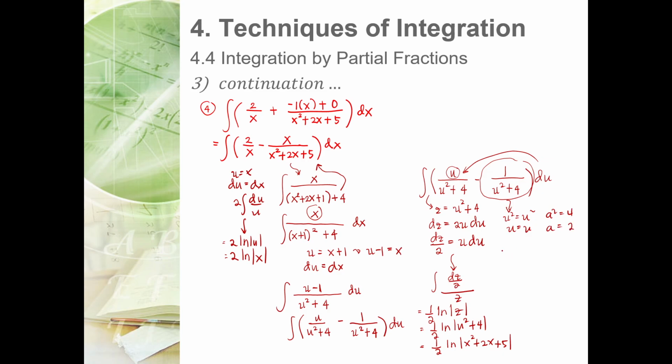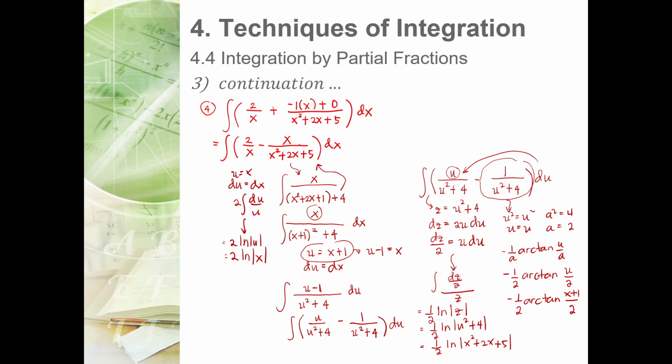The answer for this one is negative 1 over a arctangent u over a, so that's negative 1/2 arctangent u over 2. Bringing back the value of u, our u is x plus 1, so that's negative 1/2 arctangent of x plus 1 all over 2.